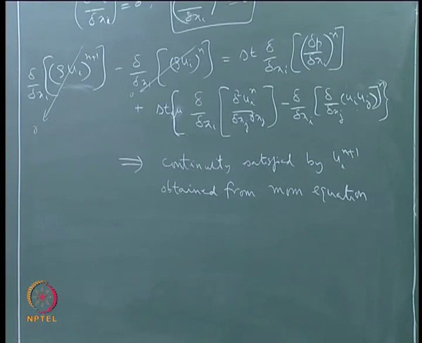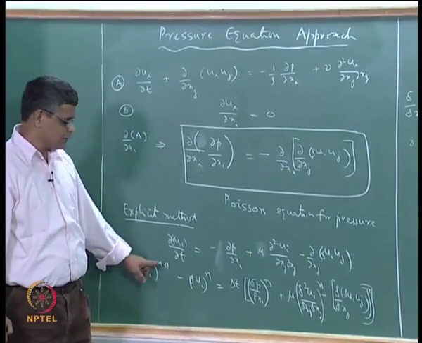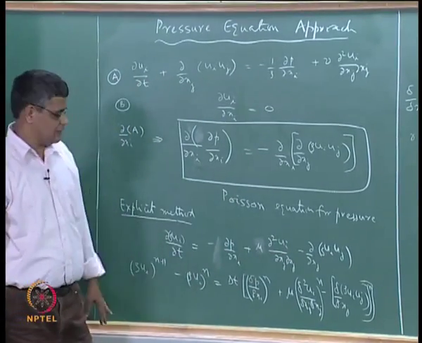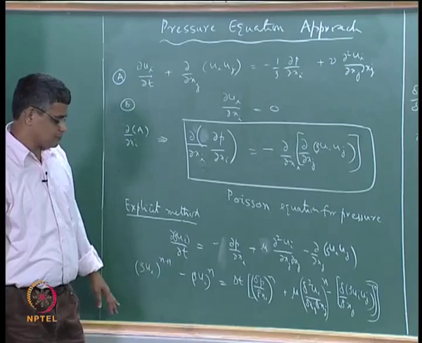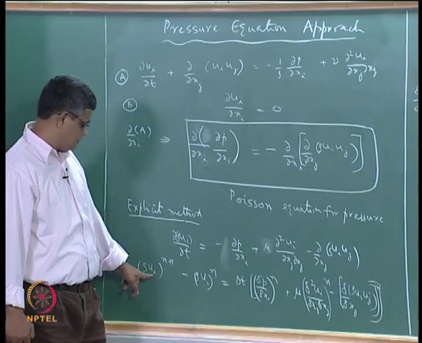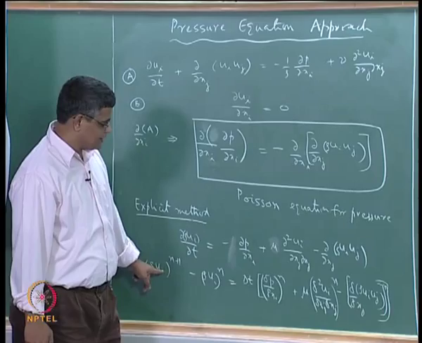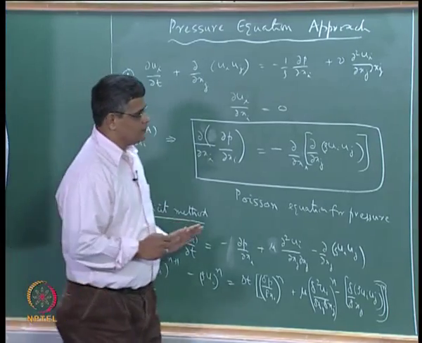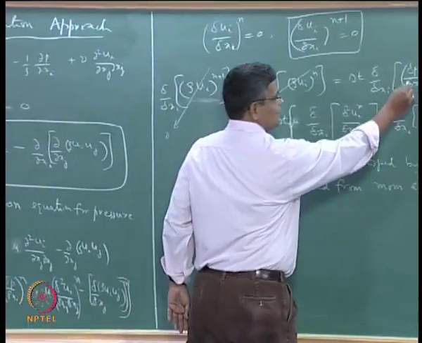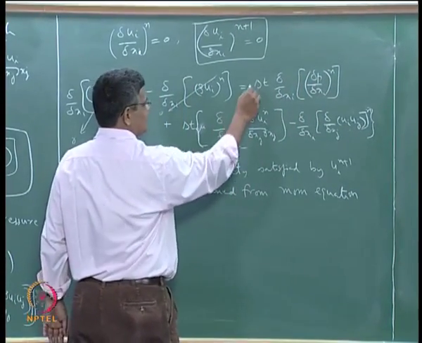Okay, so the argument that we are saying is that we have the momentum equation, and this allows us to calculate the velocity at n plus 1 by discretizing it appropriately in a way that we choose. And for the computed velocity at n plus 1 to satisfy the continuity equation, we have to evaluate the pressure at n in such a way that this satisfies this equation.